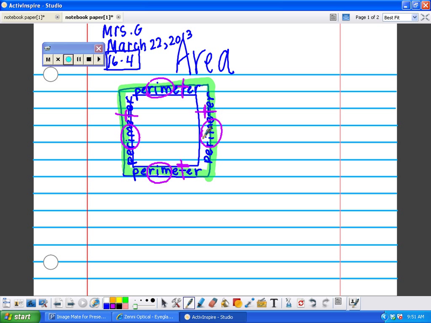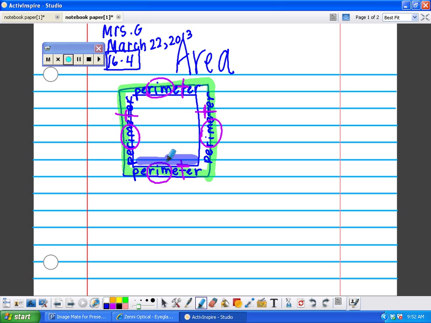Now, today we're going to be talking about the opposite of the perimeter. What is the opposite of the perimeter? What's the part that hasn't been shaded? The inside. The inside of this shape is the opposite.